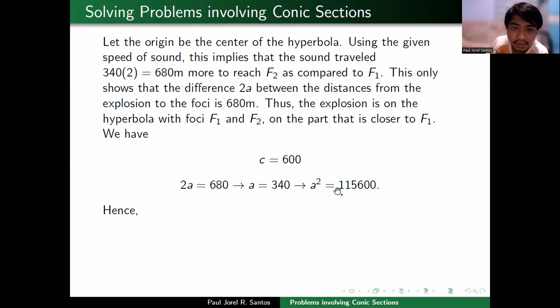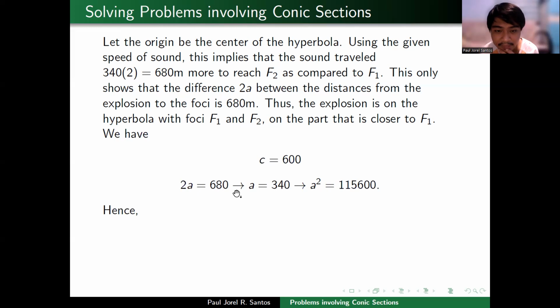Okay. Now, we have here c as 600 because that is the distance between the focus and the center. As we all know, c stands for the distance between the center and a focus. And from what I mentioned earlier, 2a is equal to 680.